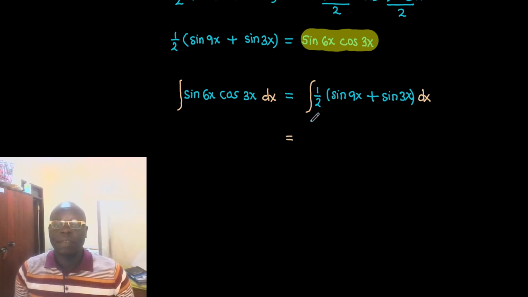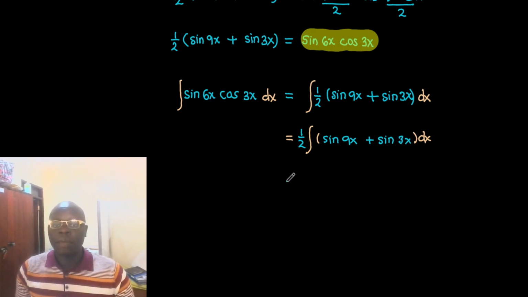Now let's factor out 1/2, and we have our integral of sine of 9x plus sine of 3x.